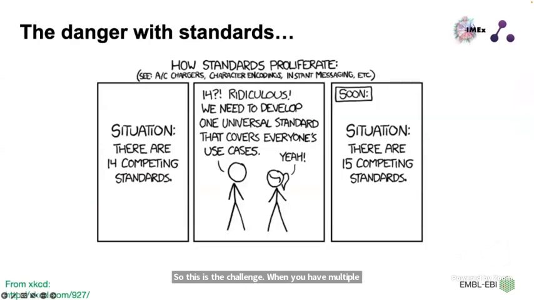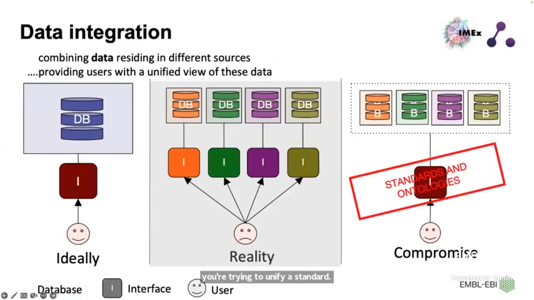And there's always a challenge with standards: when you try to unify a standard, we might accidentally create a new standard unwittingly. Okay, so there's a good compromise if you allow different databases to operate, instead of a single database, but with the option to query all the databases through a single query interface.